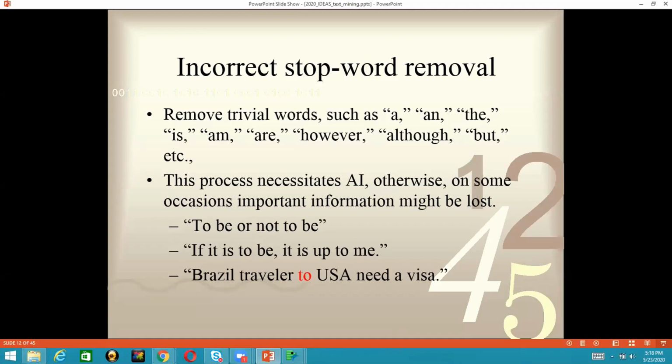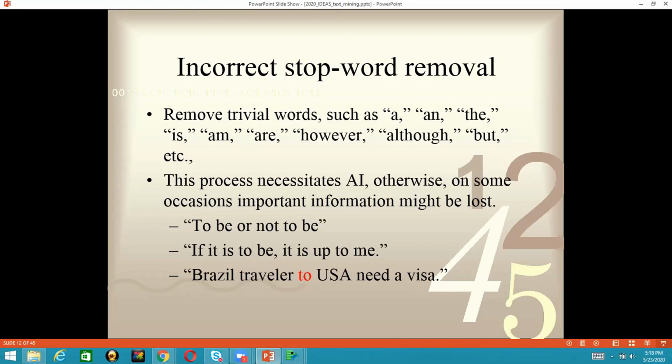It's quite common that when you hand over your text to a machine, to an AI system, the first step is to clean the data. There are some common words: a, and, the, is, are, however, although, but. Well, this is not important, take that away. This process necessitates a well-written AI algorithm. If not, then in some situations, important information might be lost.